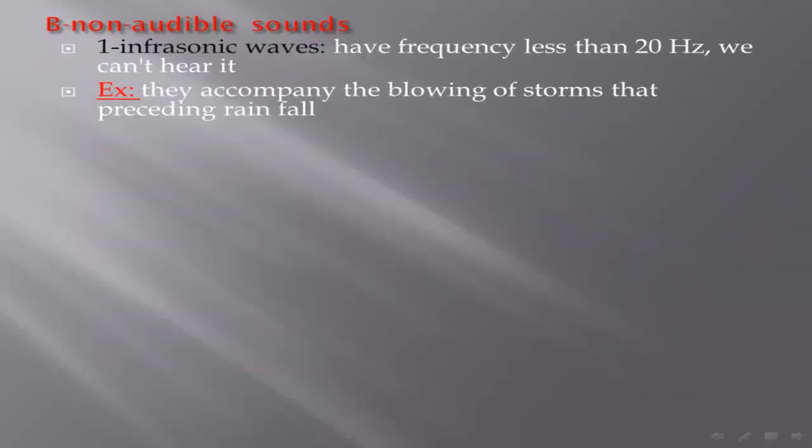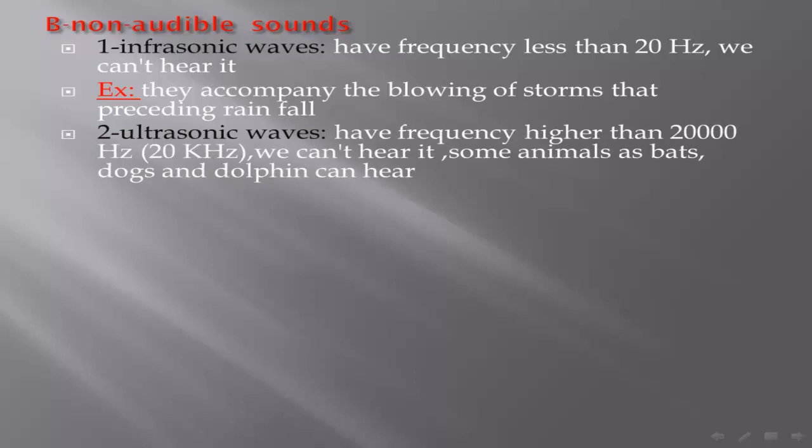Non-audible sound: infrasonic has frequency less than 20 hertz, we can't hear it. It accompanies the blowing of storms that precede rainfall. We can't hear this blowing because it has frequency less than 20 hertz. Number two, ultrasonic has frequency higher than 20 kilohertz, so we can't hear it.